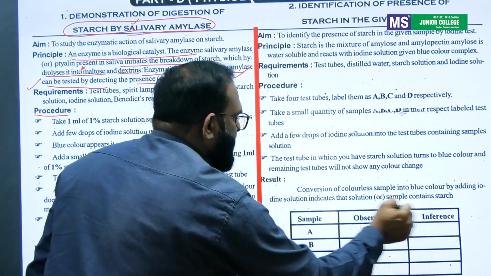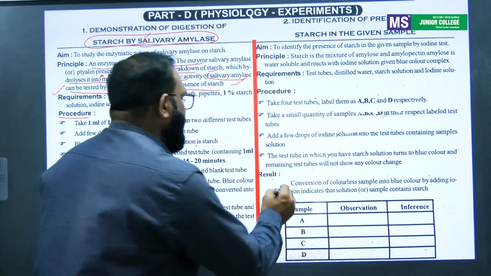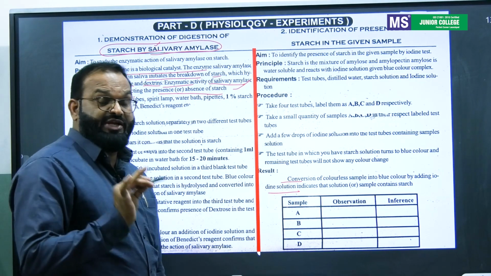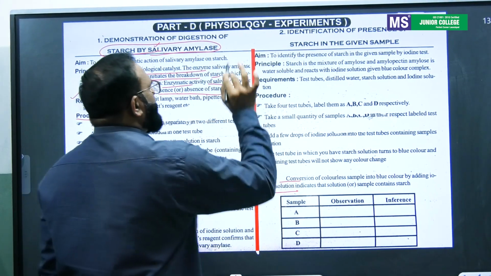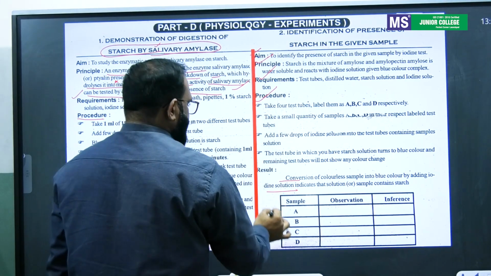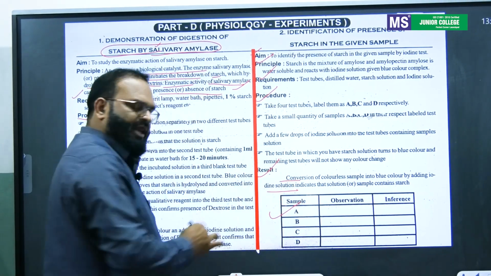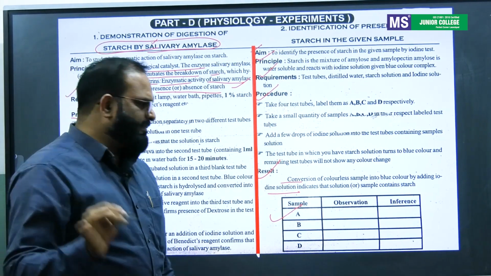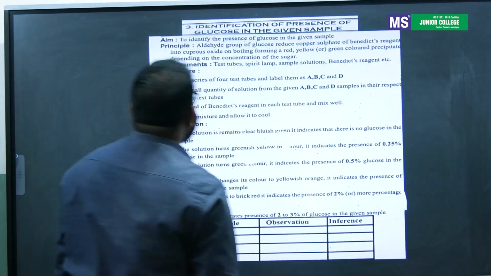So like that, the same thing, you have to draw the table and you have to write the result. Compulsory, you have to write the result. Every point, aim, principle, requirements, procedure, result, table, every point is very important.